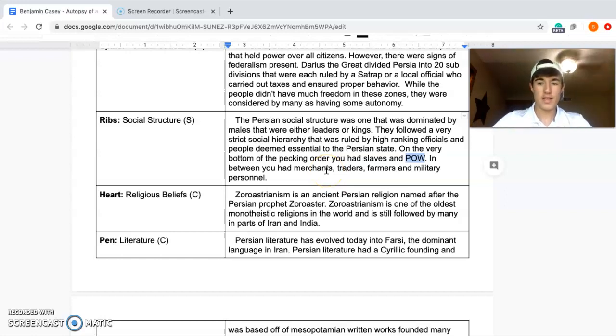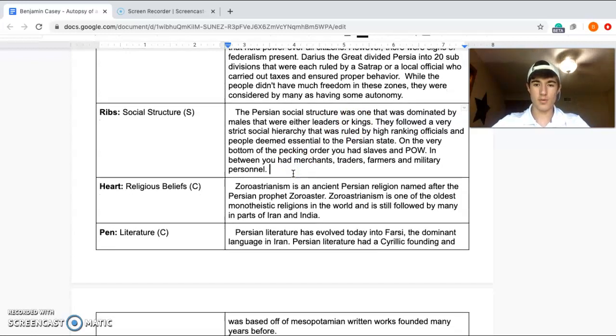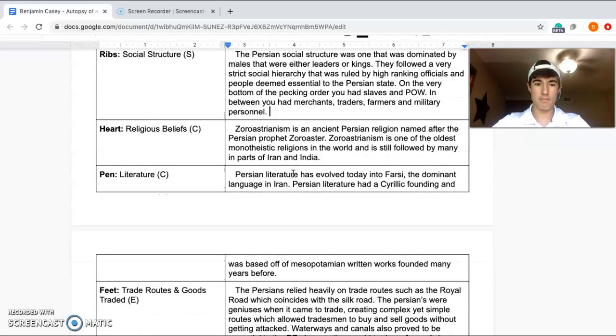If you were a woman, you were regarded as someone who works around at home, feeds the men, takes care of the men, etc. Obviously, if you were a male who was a leader or a king, you were at the highest possible peak in Persia.